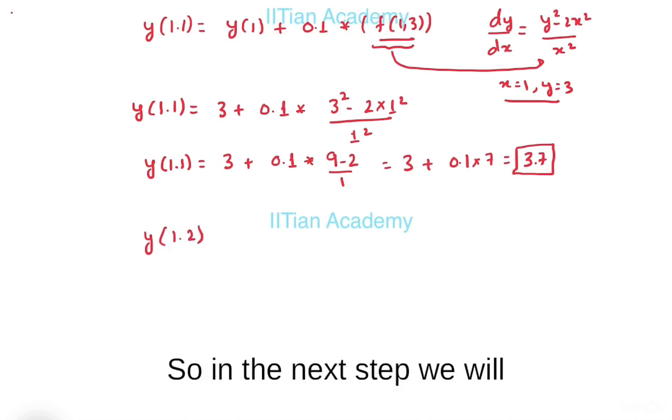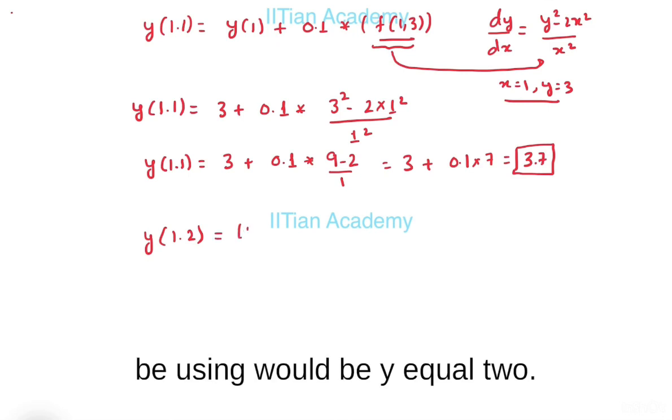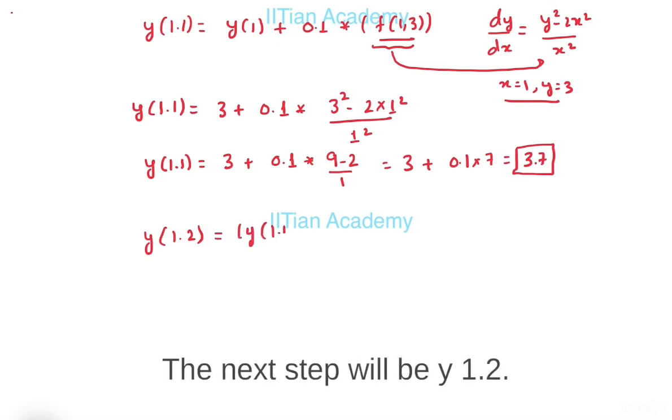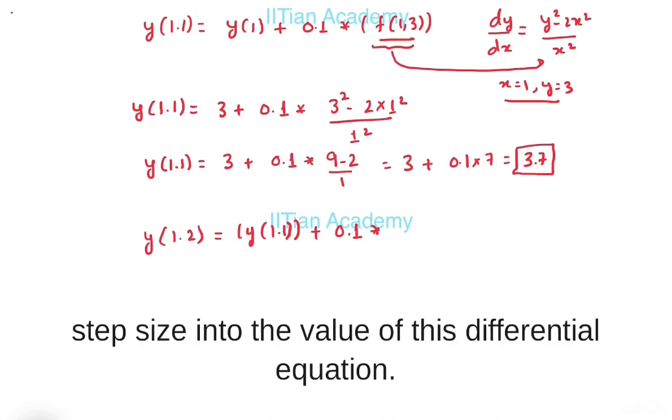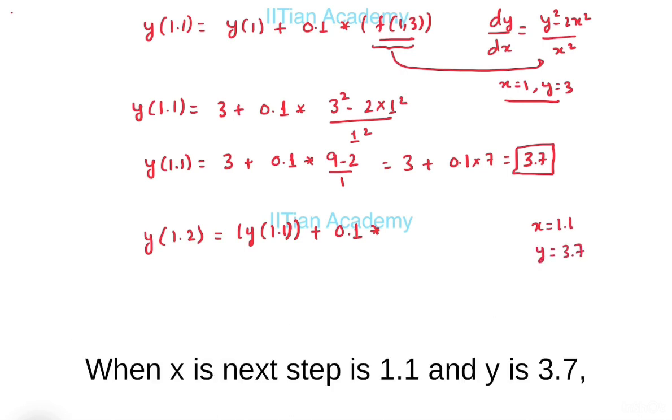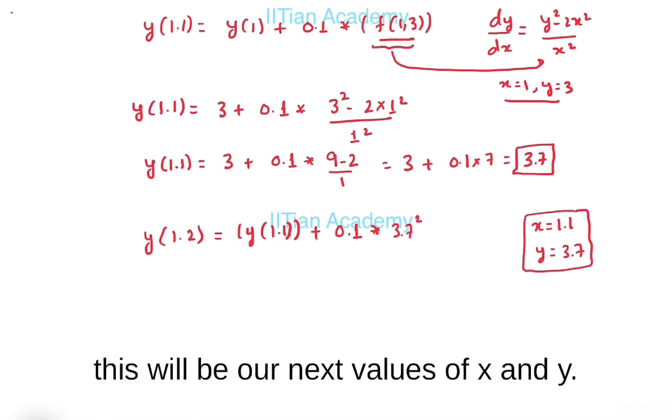Now let us try to find the next step. The next step will be y at 1.2. That would be calculated from y at 1.1 plus the step size into the value of this differential equation when x is 1.1 and y is 3.7. These will be our next values of x and y.